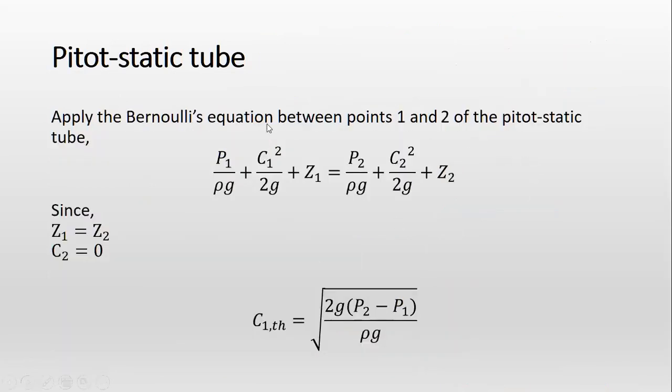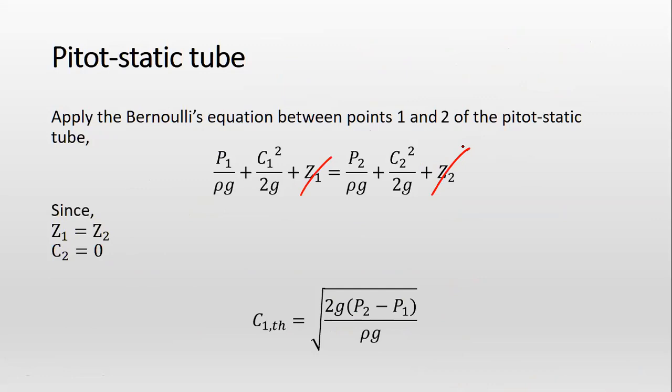So we can look at some formulas. We can apply the Bernoulli between points 1 and 2. If we apply it between 1 and 2, we can cancel a few terms. So Z1 and Z2 are cancelled because they are the same.